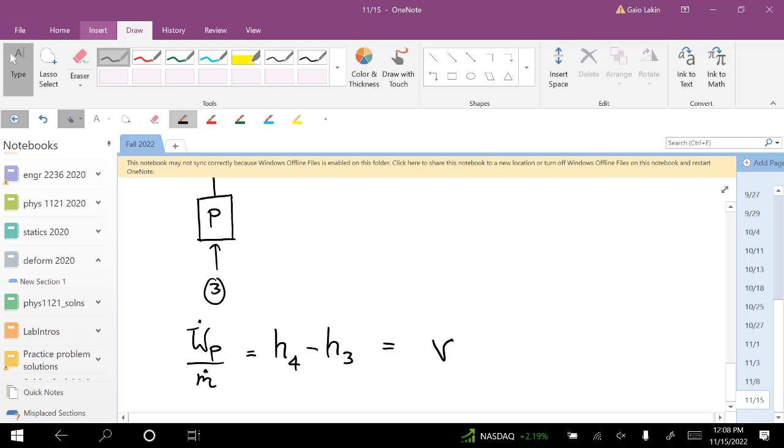That is v3 times the quantity P4 minus P3. Anybody remember how we derived that second formula for W dot over m dot?